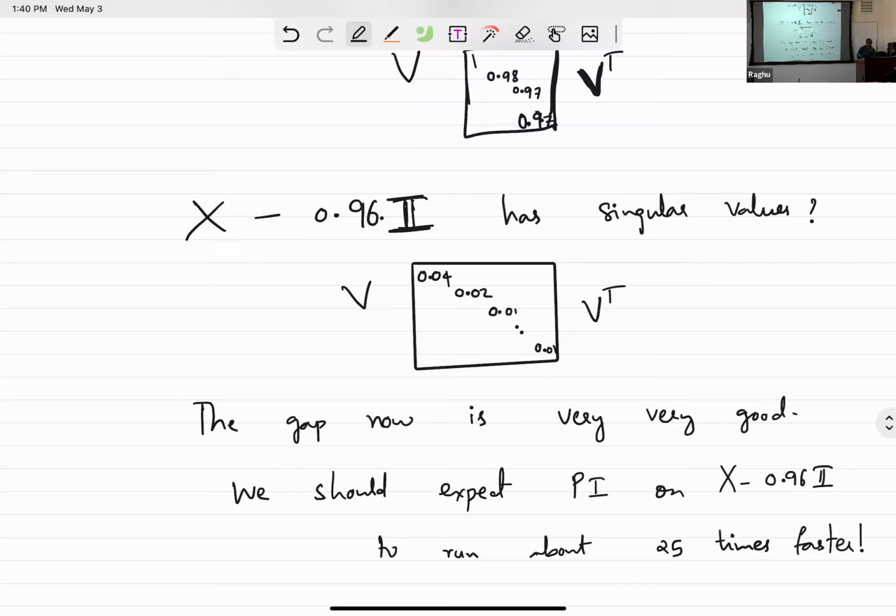In fact, you can try and code it up and see too if you want. As long as the matrix is big enough, you'll see this boost showing up very easily. So there are lots of tricks like this. If you know the range of the eigenvalues, people do the shifting operation, and sometimes there are ways to shift it appropriately so that the gap gets amplified, and so on.